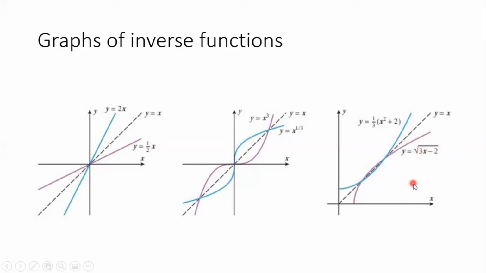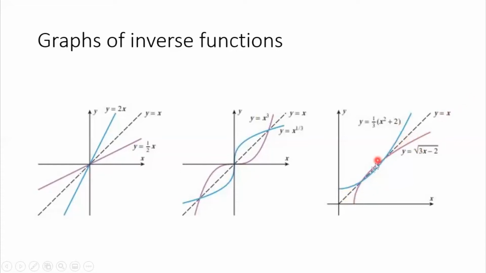Okay? Then, since you know that this is already an inverse of the given function, you can sketch that one easily because you already know the graph of the given function, and by the theorem it should be a reflection of the given function with respect to y is equal to x.